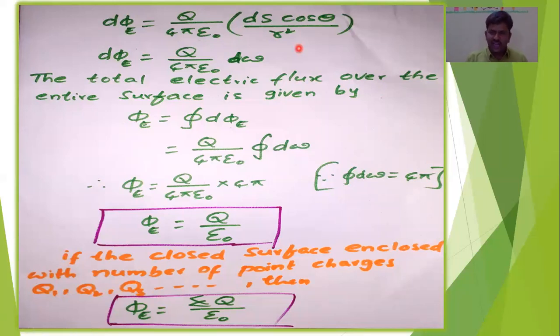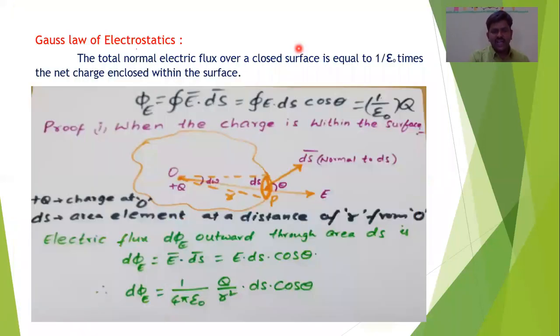ds cos theta by r square is nothing but solid angle. What is solid angle? We need to understand solid angle. Imagine a cone, an ice cream cone. This is a line, and this is another line. We call this the angle between these two lines, which is two-dimensional.